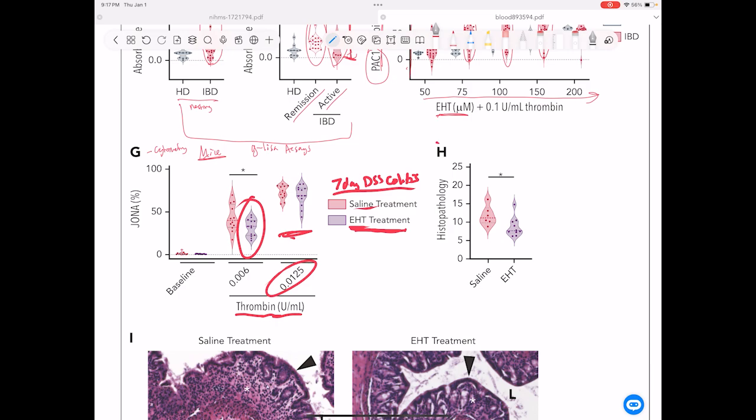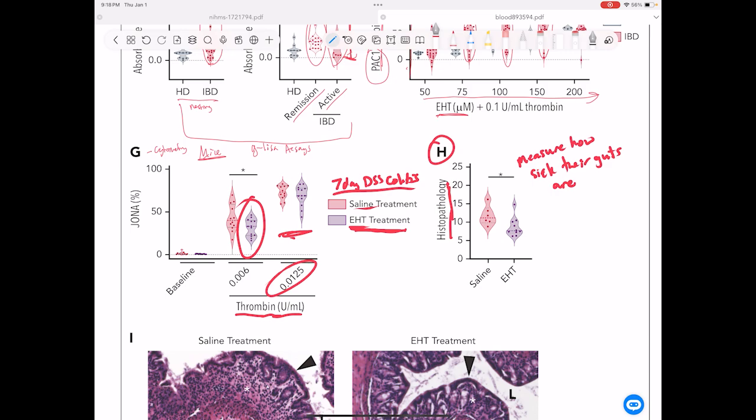Now, what we did was we took those same mice and then we looked at their histopathology. What that means is that we measure how sick their guts are. What we did was we really sat around a table. There were 4 of us, and I was not blind to the measuring, but everyone else was.